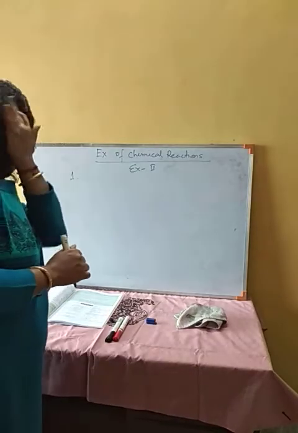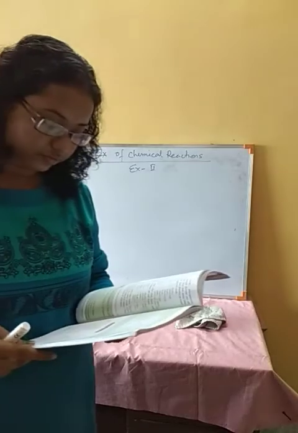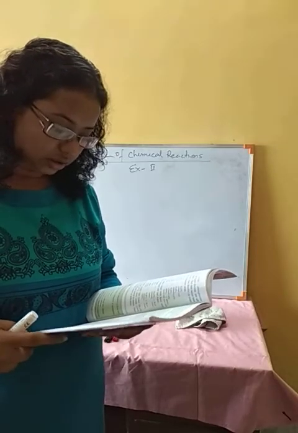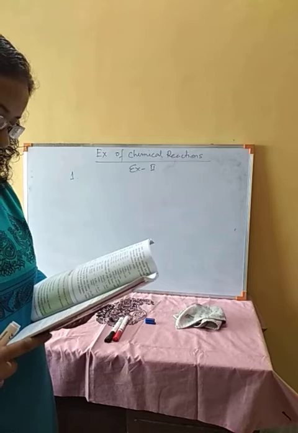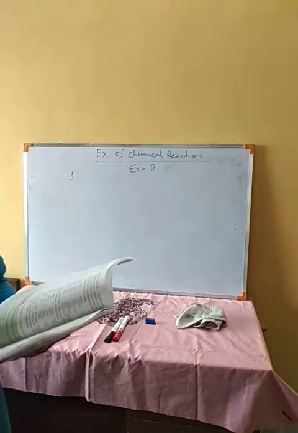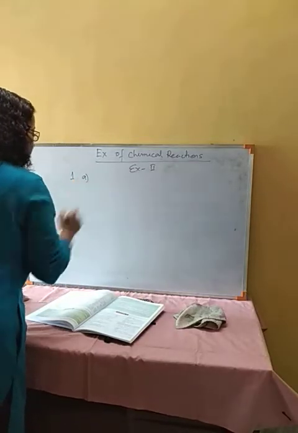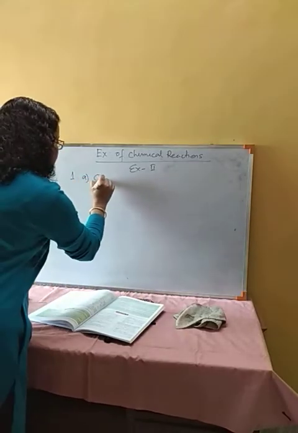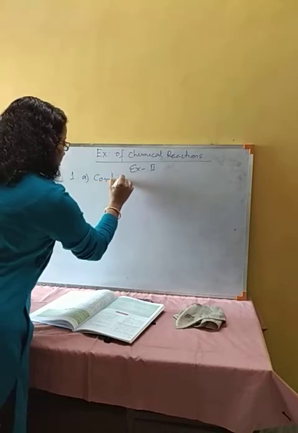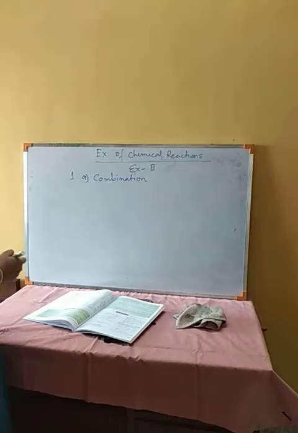The question is: a reaction in which two or more substances combine to form a single substance is called a dash reaction. So a reaction in which two or more substances combine will be a combination reaction. So question number 1A, fill in the blanks, this will be combination. Only combination will be enough, right?